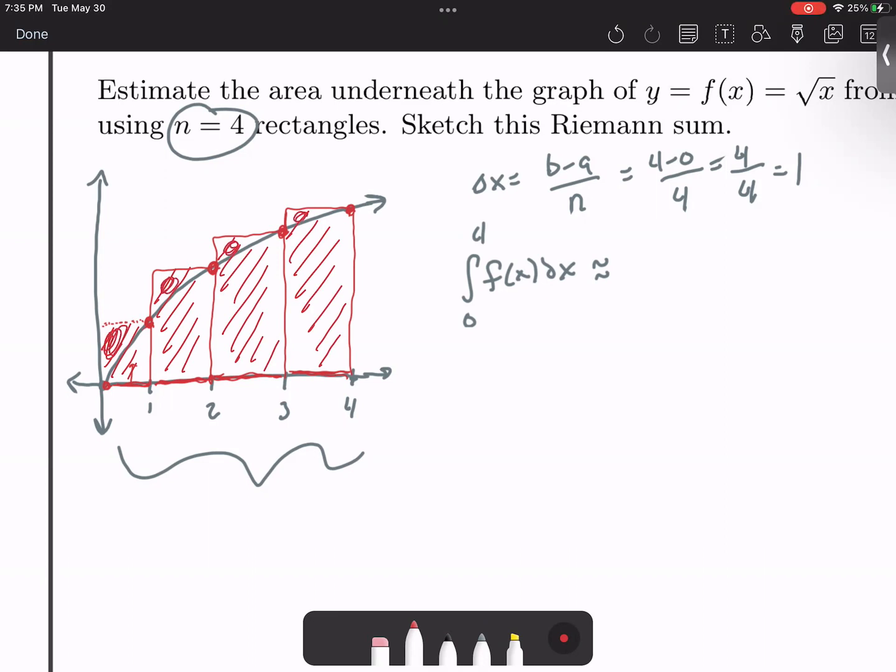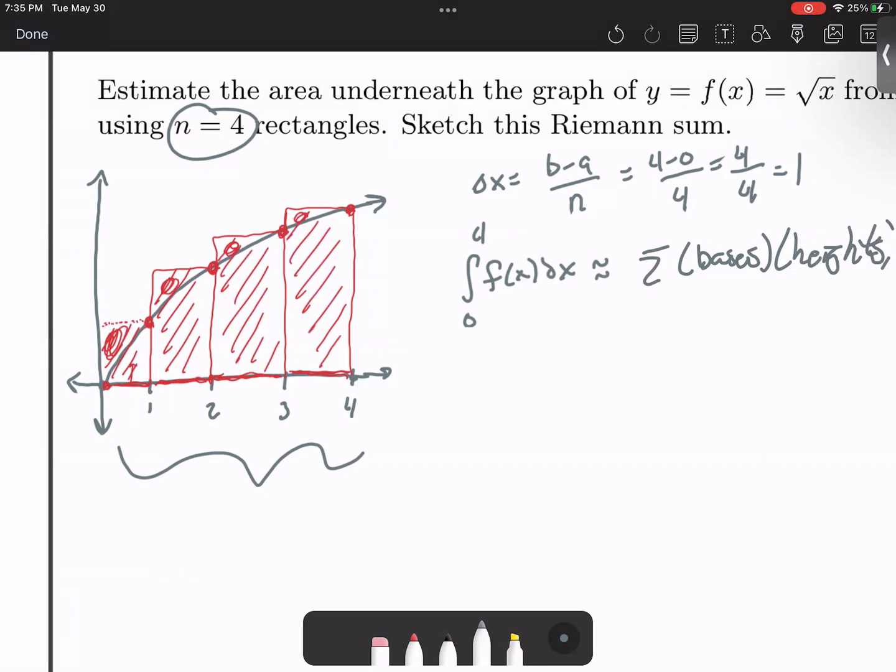But it's not a bad picture. So what is the sum of all those areas of rectangles? It's the sum of a bunch of bases times heights, right? Because the area of a rectangle is base times height.